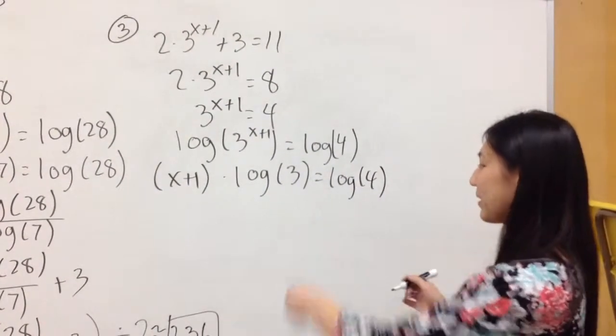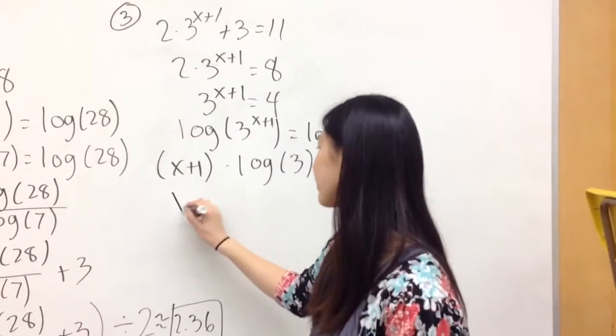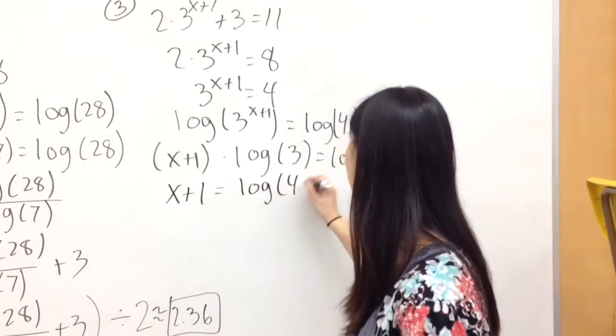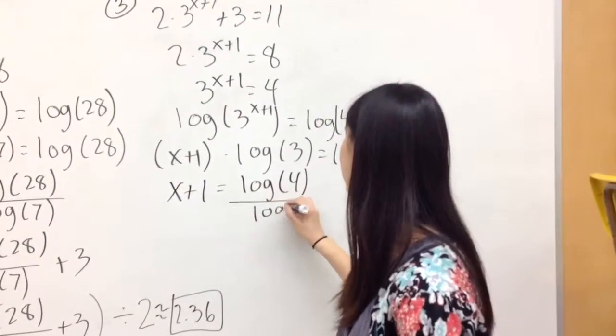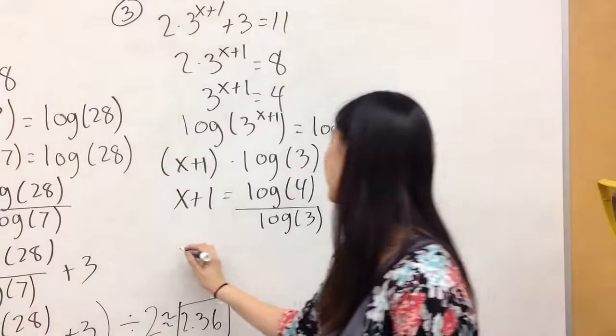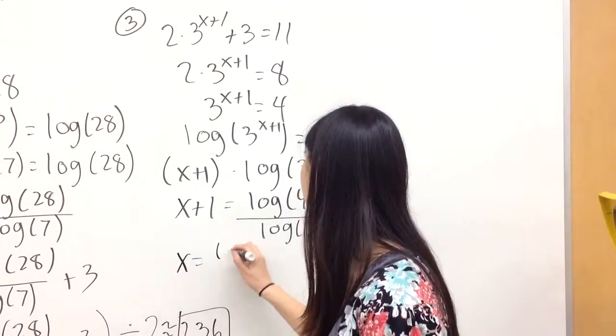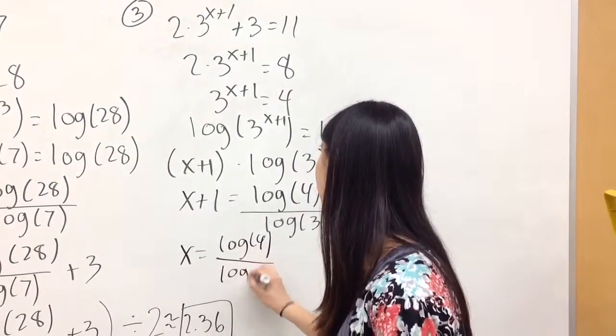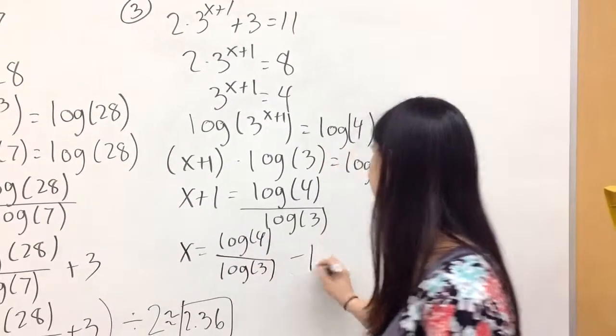We're going to divide both sides by log of 3. So we have log of 4 divided by log of 3. And we're going to subtract 1 from both sides. So we get x is equal to log of 4 over log of 3, and then minus 1.